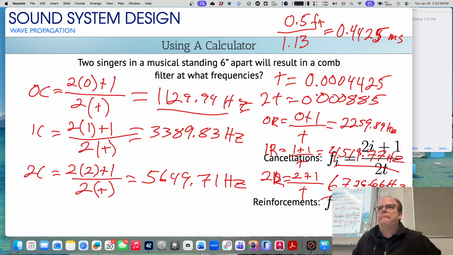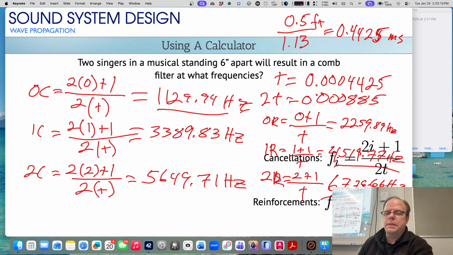All right, how we doing? Why is it not 4? Well, we already did 4. I was just saying, if you take the first cancellation, times that by 2, you get the first reinforcement. Take that number, times it by 4, you get the second reinforcement.